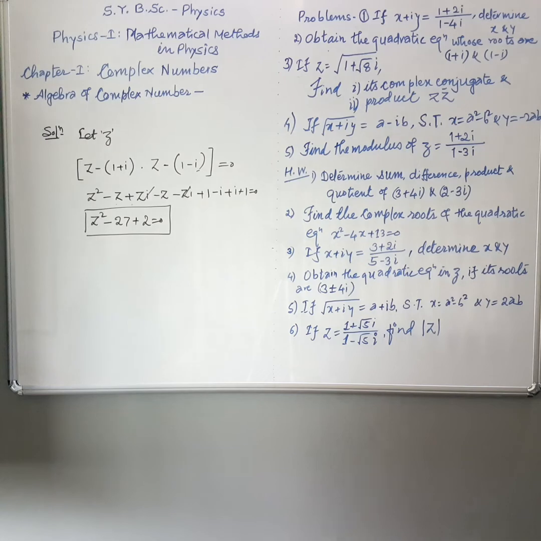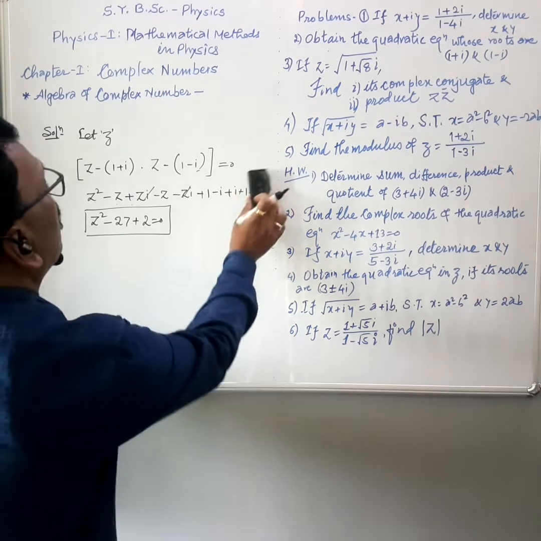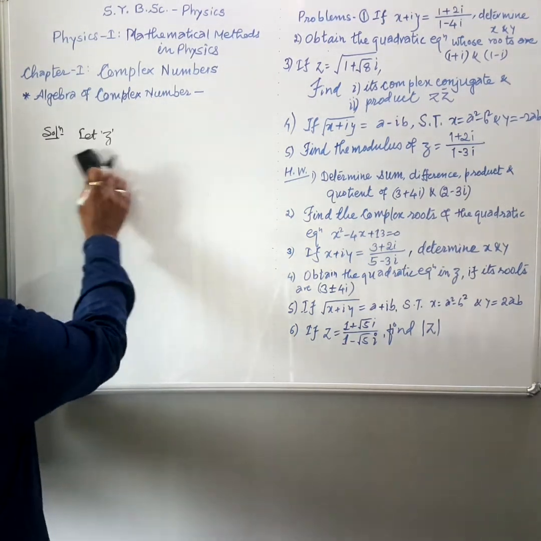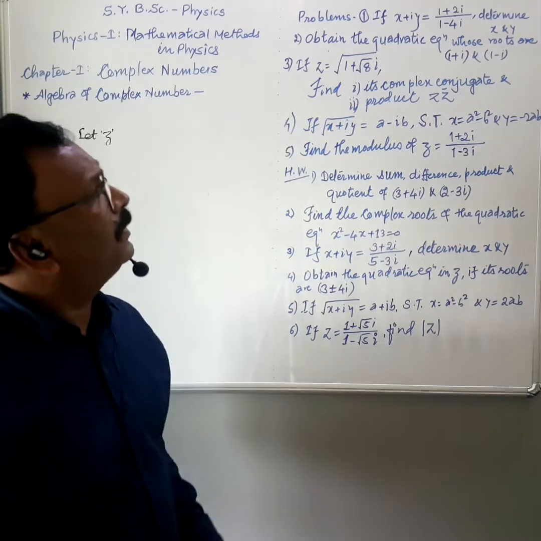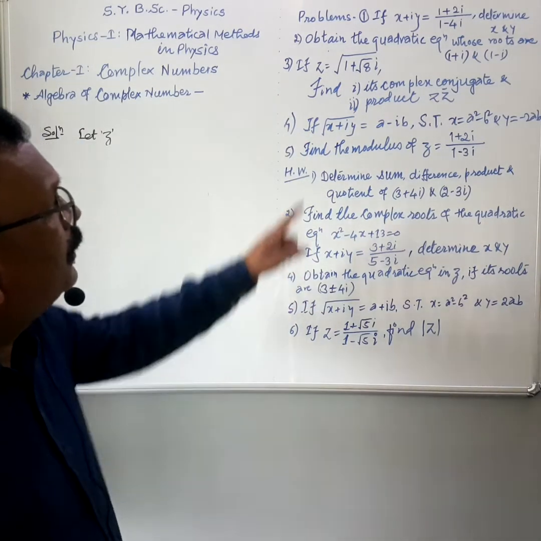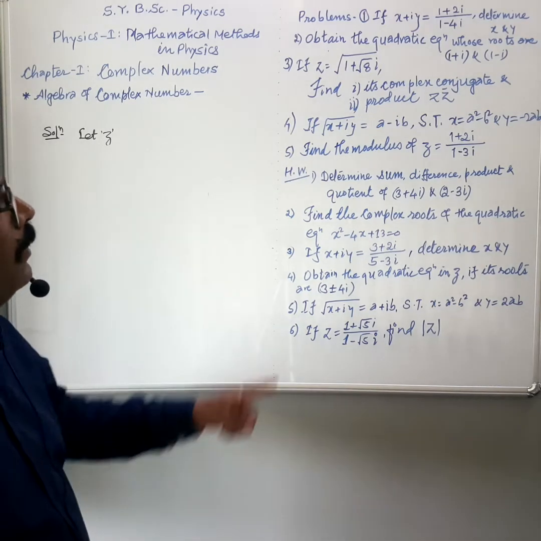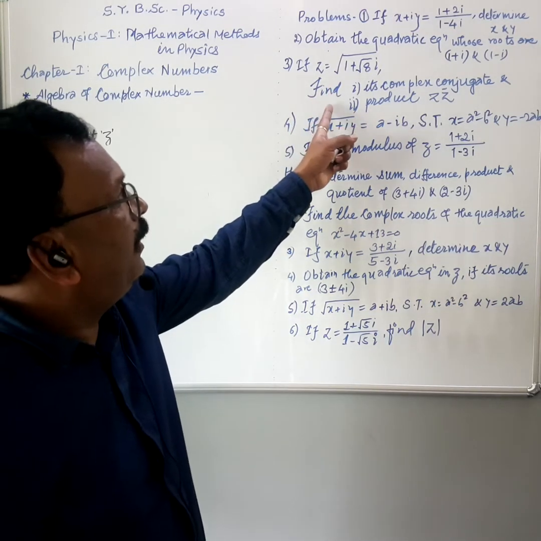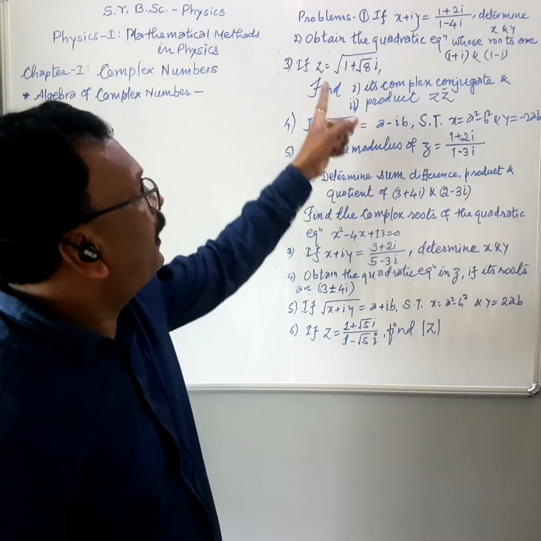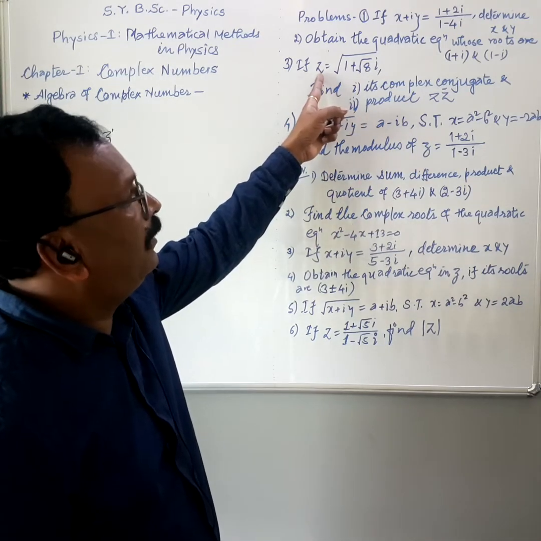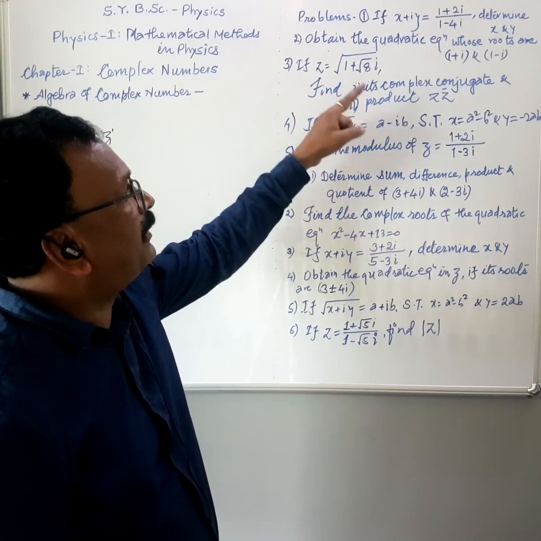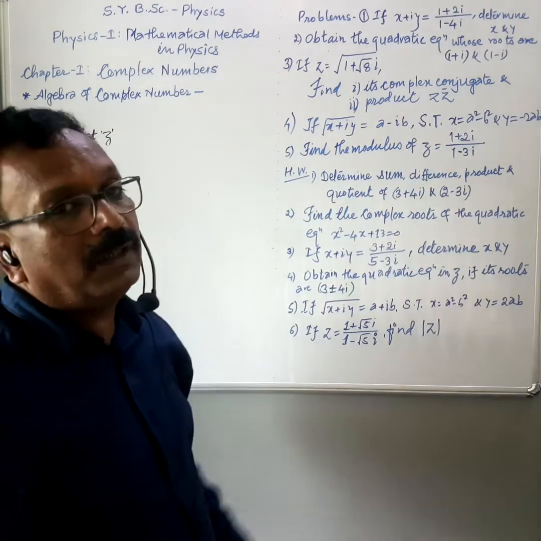Now, see the third problem. If z is equal to 1 plus root 8 i, this is given, you have to find the complex conjugate of z and the product of z and its complex conjugate, that is the product z z bar.